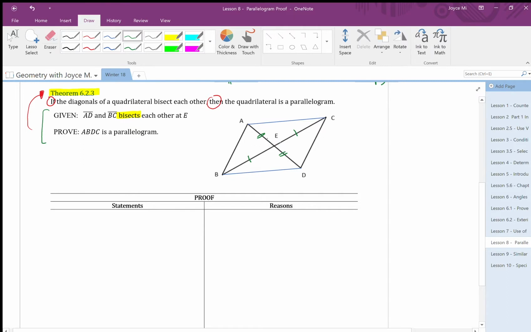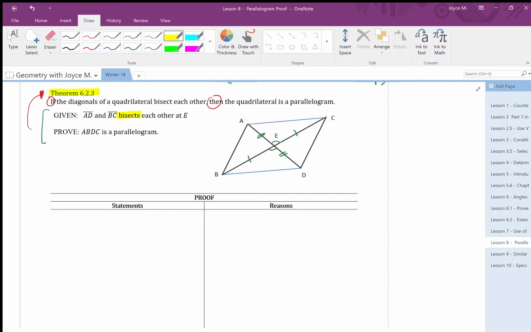Again, this is called a vertical angle. Whenever two lines intersect, the vertical angles are always congruent. So by looking at the picture, I have side, angle, side. I have a side right here, and then the angle followed by the side over here. So by side, angle, side, I could say that the top triangle AEC and DEB are congruent. In the same idea, you could also say AEB and DEC are congruent.